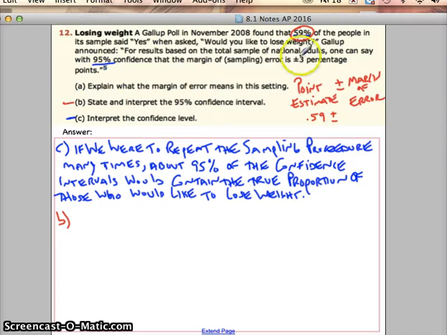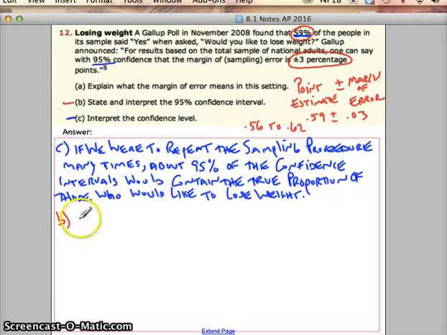And they tell us the margin of error is plus or minus 3 percentage points, so plus or minus 0.03. If we did 0.59 minus 0.03, we would get 0.56. And if we did 0.59 plus 0.03, we would get 0.62. So that's our interval, between 0.56 and 0.62.